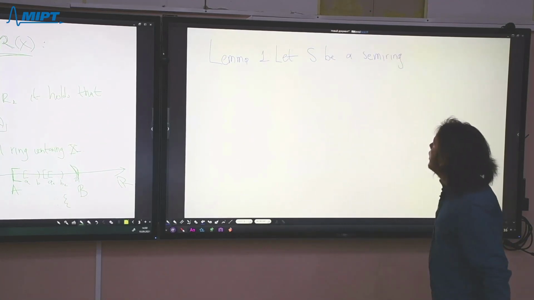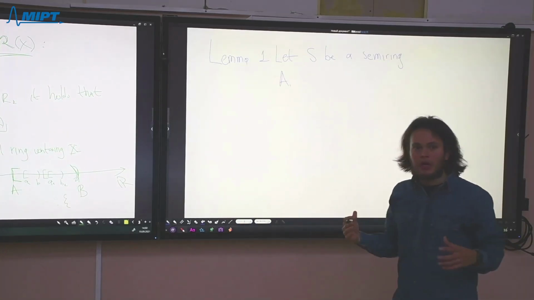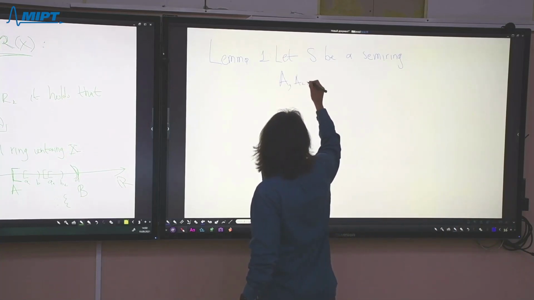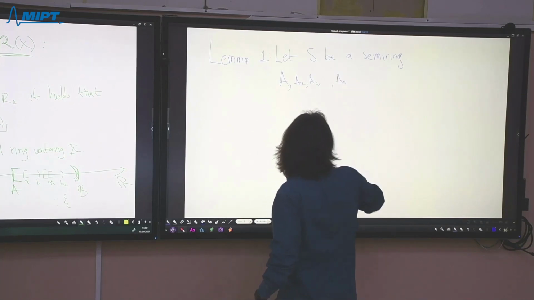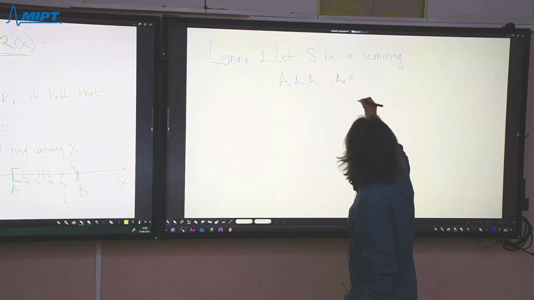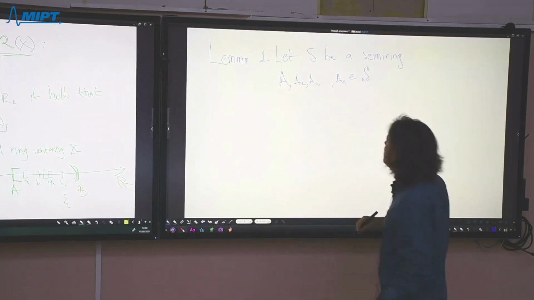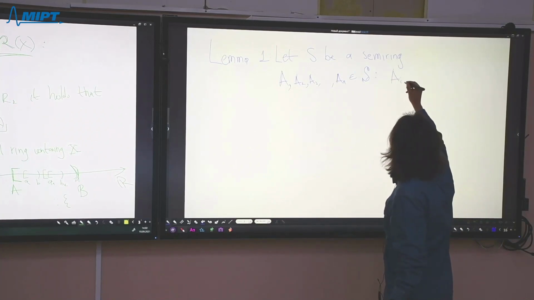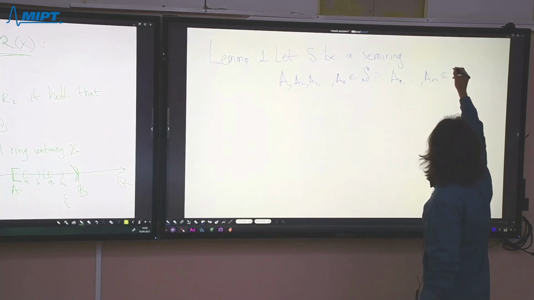And we have the following sets, which are elements of S: A sub 1, A sub 2, up to A sub n, such that A sub 1 and A sub n are subsets of A.